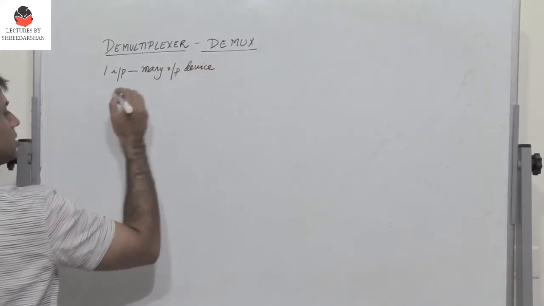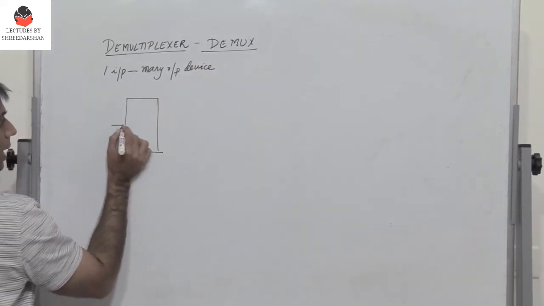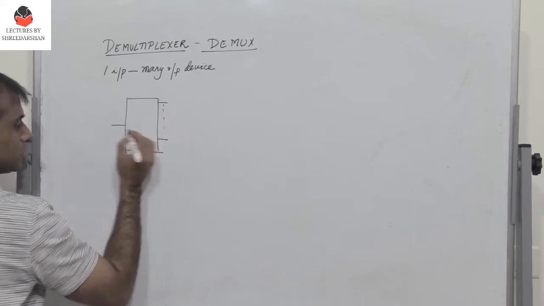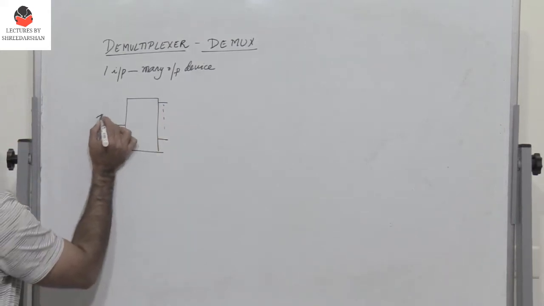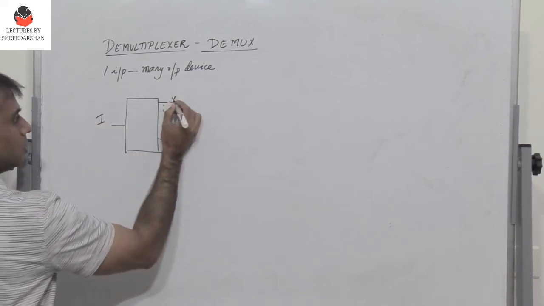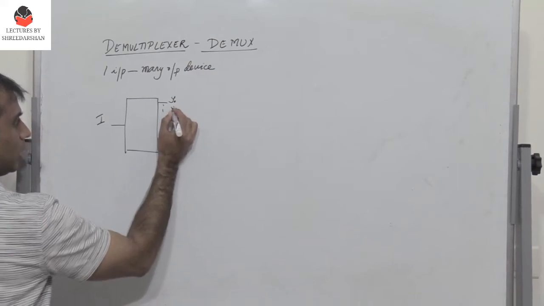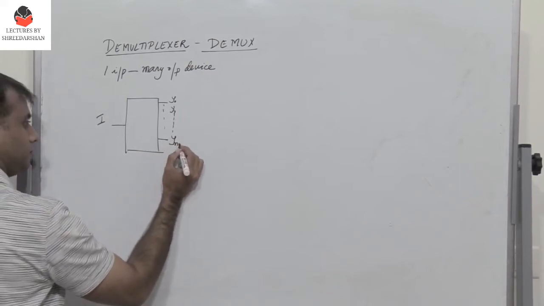So a demultiplexer has one input and you have many outputs. Let this input be I and you have the outputs y0, y1 and so on up to yn minus 1.